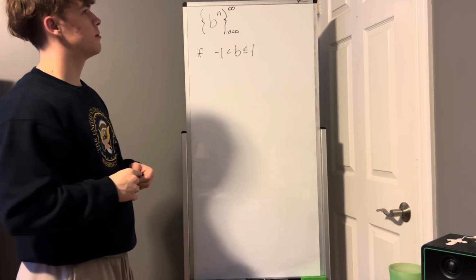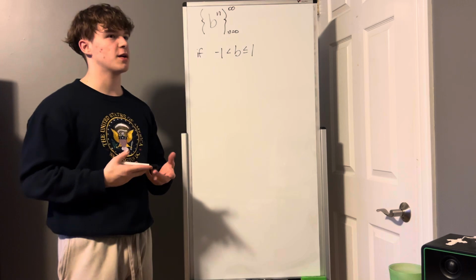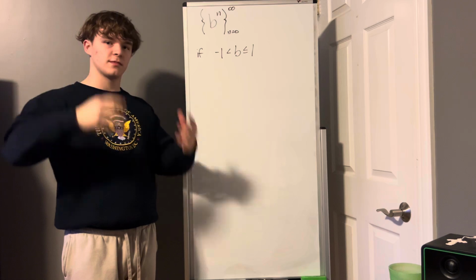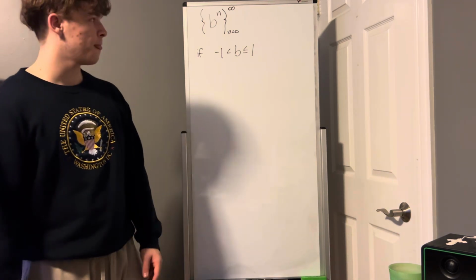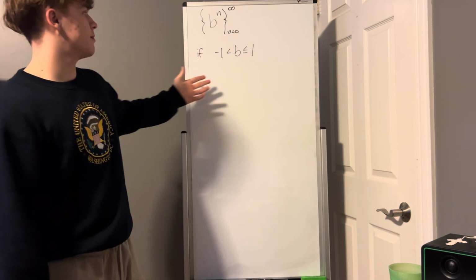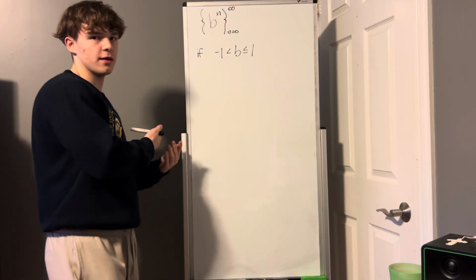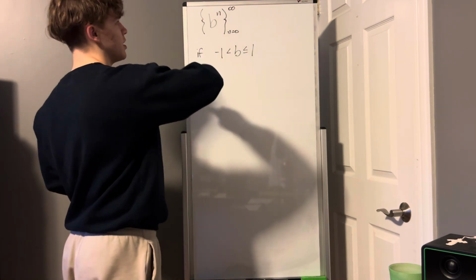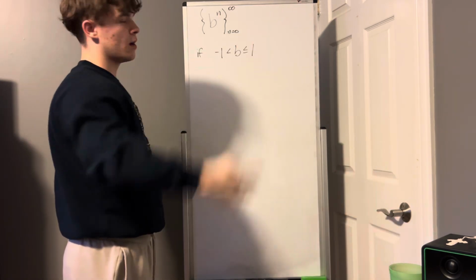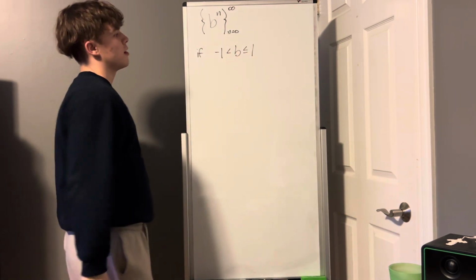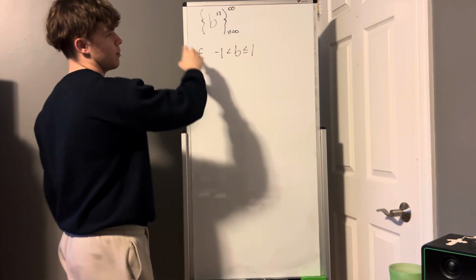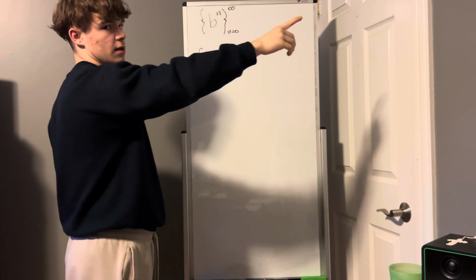There's not really a proof for this, but what we just went over gives us the mindset. If b is anywhere below -1, we're going to get the sequence going back and forth getting bigger and bigger. At 1, if it was b to the n with b equal to 1, we would just get a straight sequence at 1.